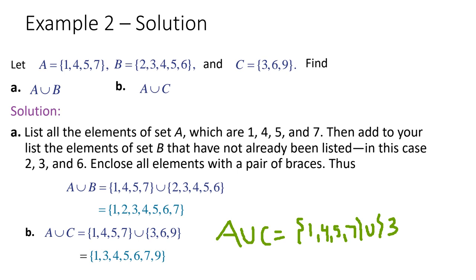So what you can do to make it easier for you is, since you're looking for the union, that means we're going to put everything together. So I'm going to take my first set, 1, 4, 5, 7. So that's everything in A. And then I'm going to put everything in C, so 3, 6, and 9.